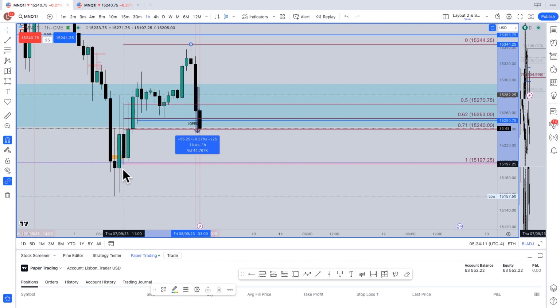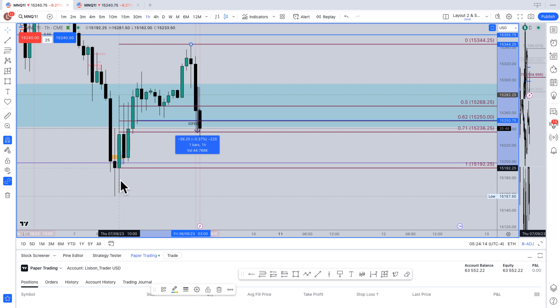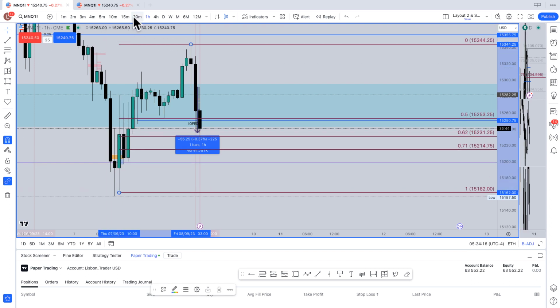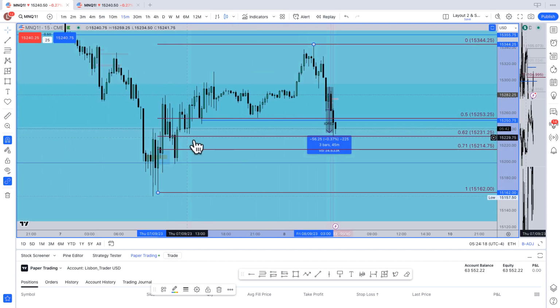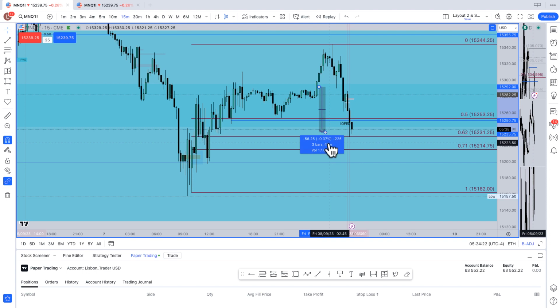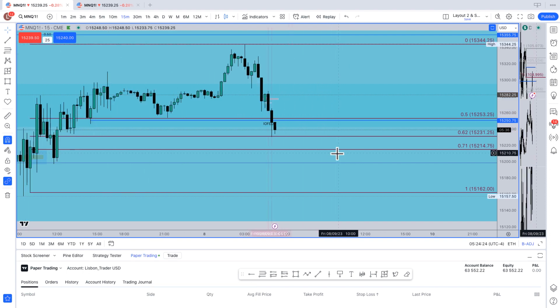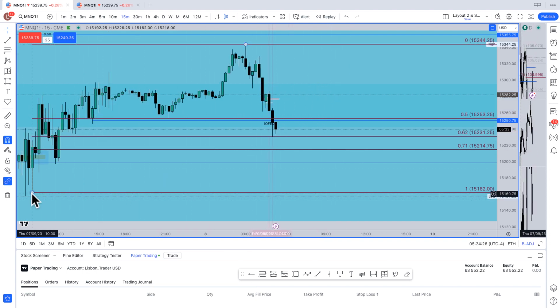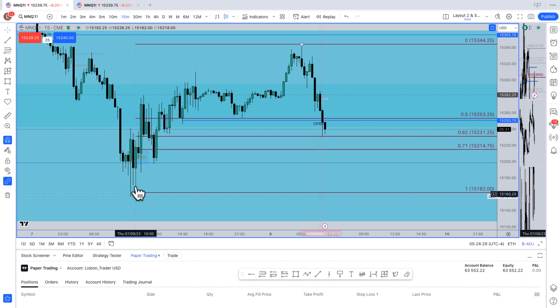It's not quite where I had it. Was it on the 15 minutes? Yeah. So it is based on this wick, which started the impulsion higher.